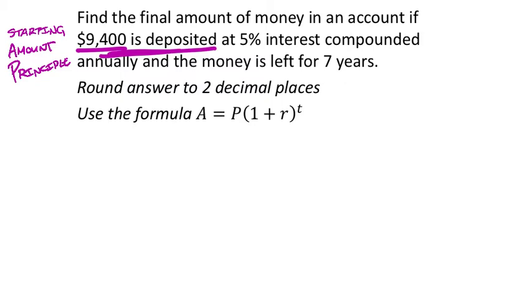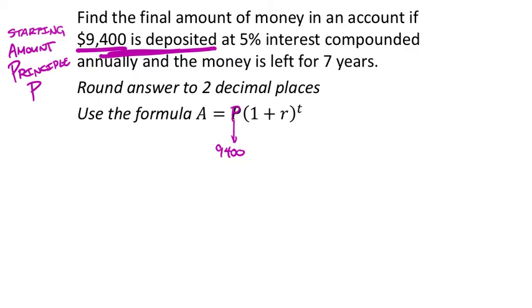It's the principal amount. That's the P value in this formula. So in the formula right here, I got this P for principal. I'm going to replace that with the value they gave to us, which was $9,400, okay?